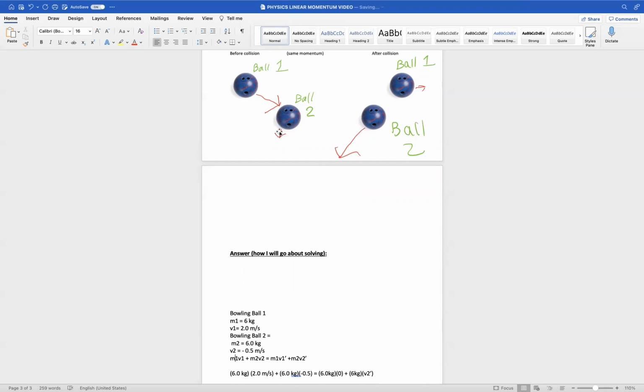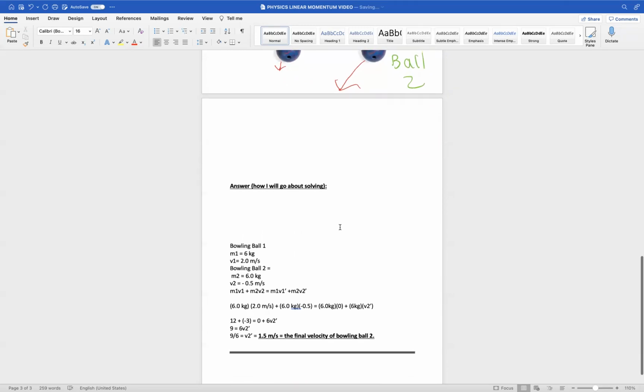So this would be the negative 0.5, and vice versa. The opposite happens over here. So you will do M1V1 plus M2V2 equals M1V1 final plus M2V2 final, because they're different than the first ones.